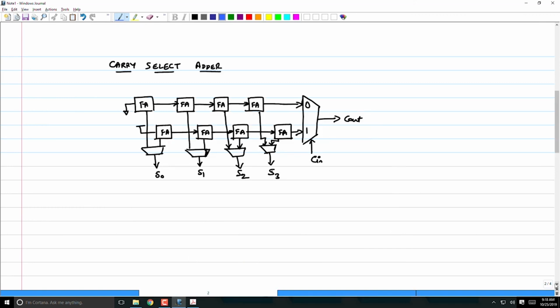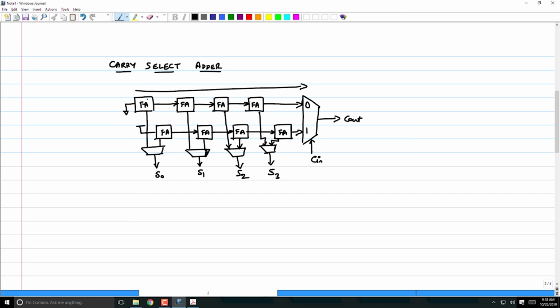Okay. If my aim is to only propagate the carry in this particular block, then what I will do is I will not put a full adder here. I'll only put the carry out circuit of the full adder there. Correct? Because along this path, we are only trying to propagate the carry. The sum can be evaluated in parallel. Correct?